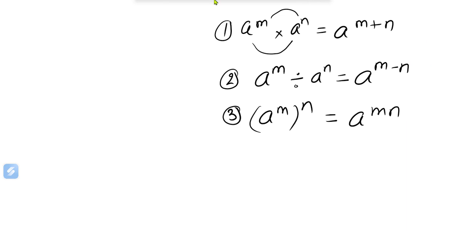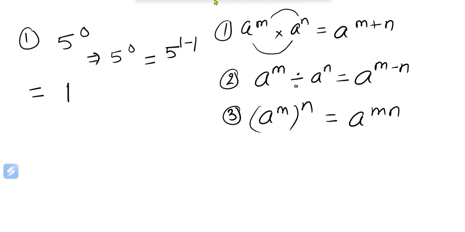Now let's start with a very basic question. If 5 has power 0, then the value of that is 1. Now the reason is, 5 power 0, we can write this as 5^(1-1). This 0 means 1 minus 1.